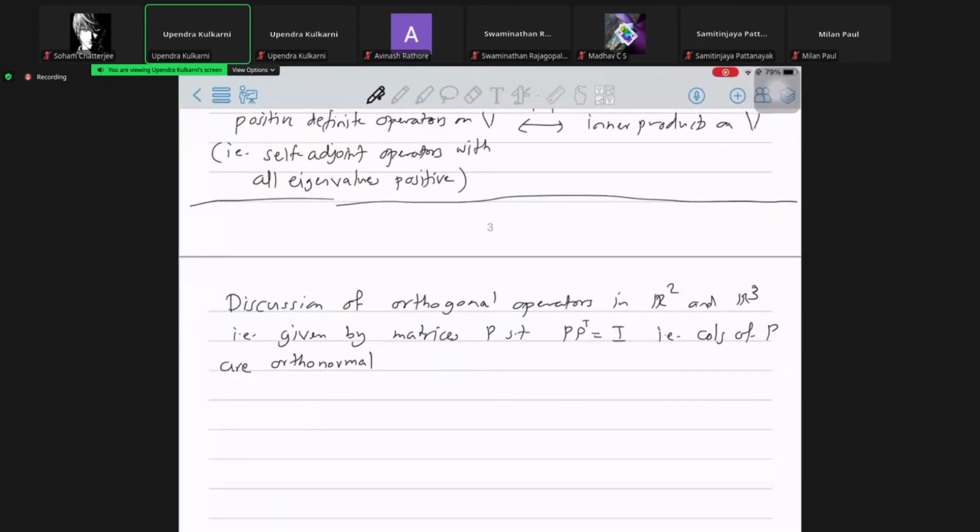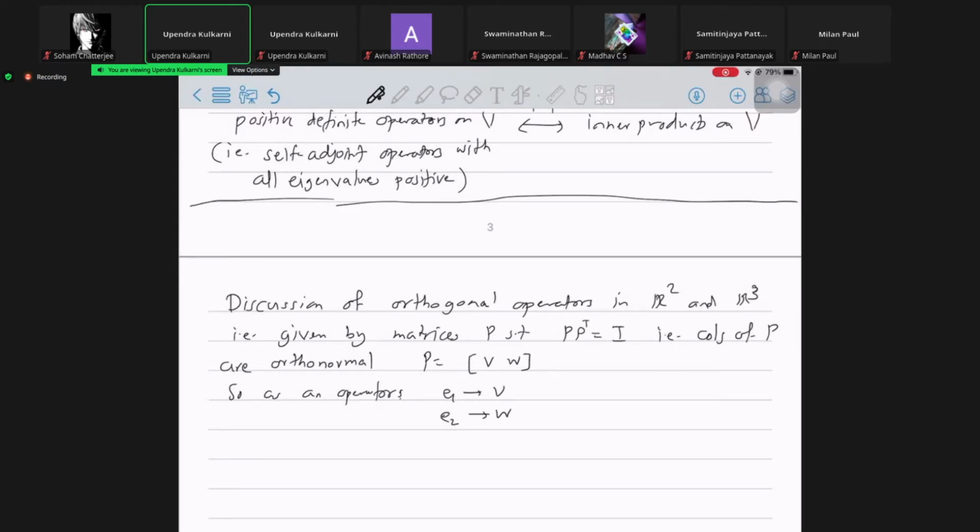So let us say that P is equal to V W as column vectors. So we know that the columns are orthonormal. So as an operator, P sends E1 to V and E2 to W, and they have to be orthonormal.